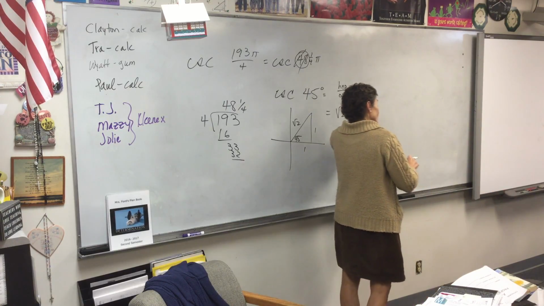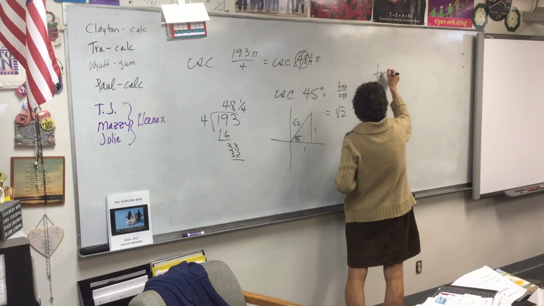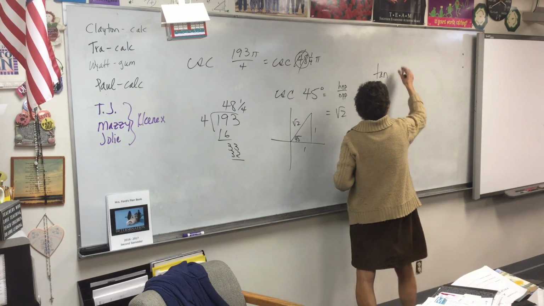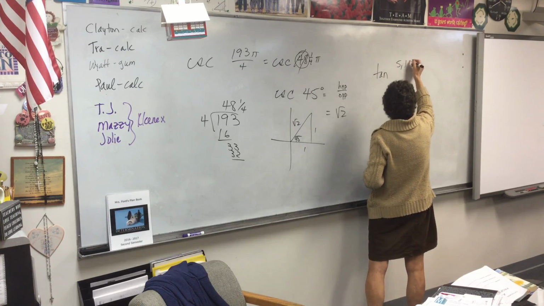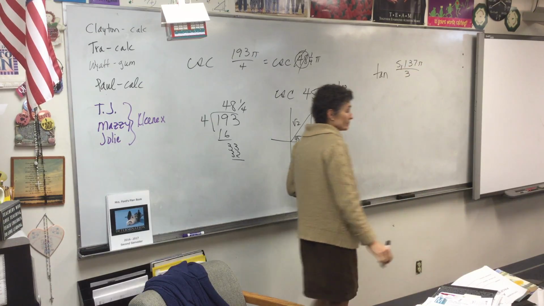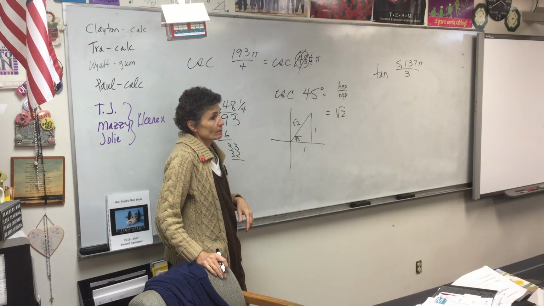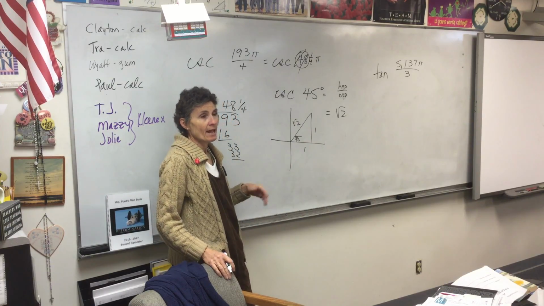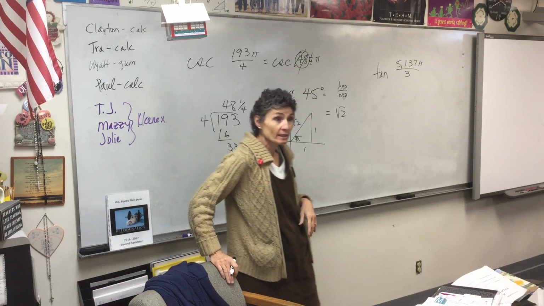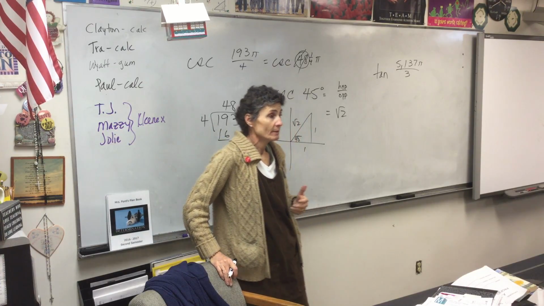Let's try another one like that real quick since that gave us some confusion. Let's suppose we're going to find the tangent of 5,137 pi over 3. So Brenton says, dang, because that's a really big angle, right?